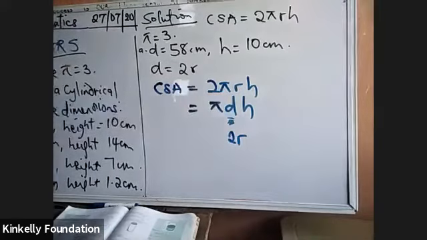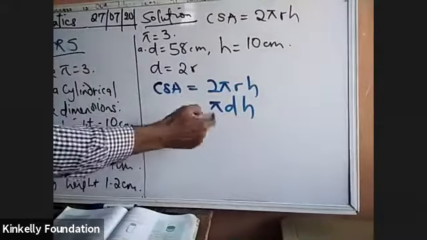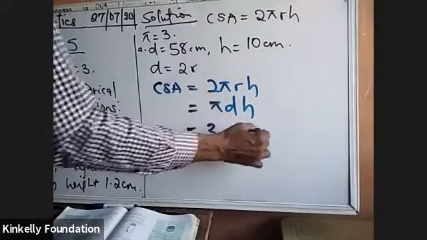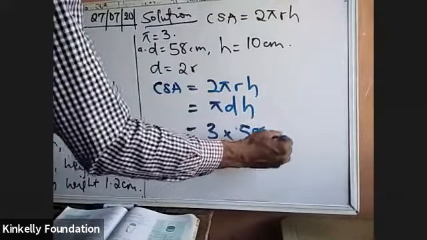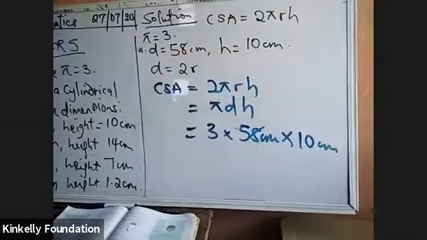So we now have 3 times 58 cm times height 10 cm.